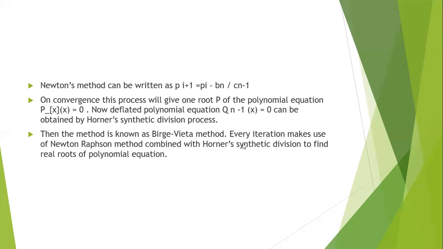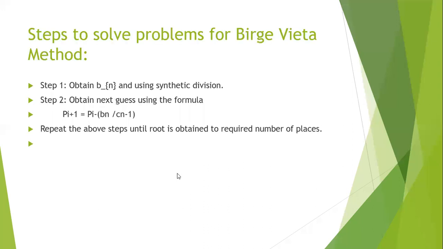Every iteration makes use of the Newton-Raphson method combined with Horner's synthetic division to find the real roots of polynomial equations. The steps to solve problems by the Birge Vieta method are: obtain bn of x using synthetic division, then obtain the next approximation using the formula p(i plus 1) is equal to p(i) minus bn upon c(n minus 1).